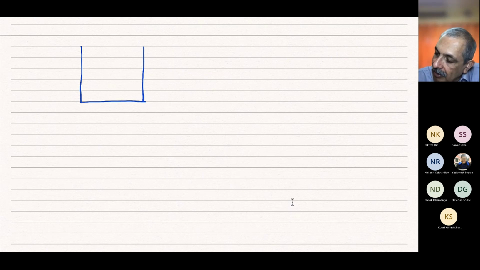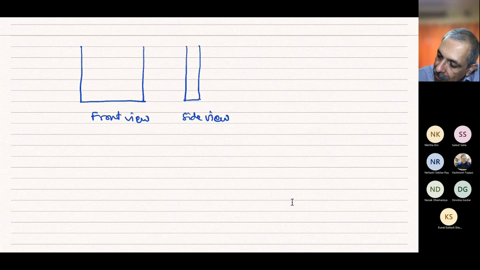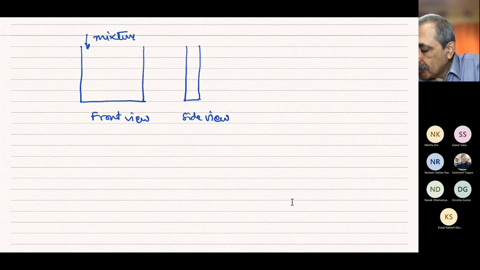Another example that has been studied quite a lot is that supposing you have a quasi 2D system, that is, if you look at the side view, let's say there are two plates like this. And then you start pouring a mixture. Then obviously a heap forms.